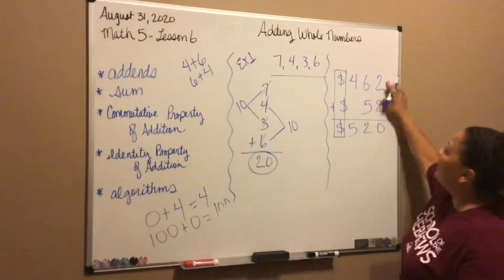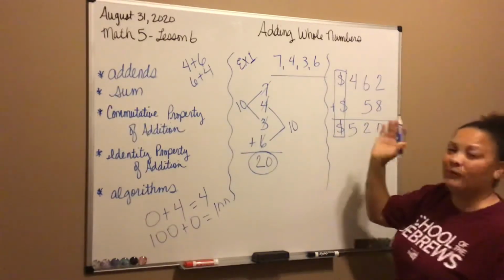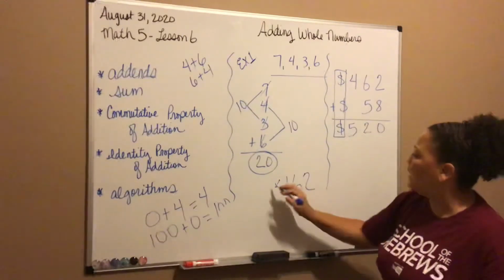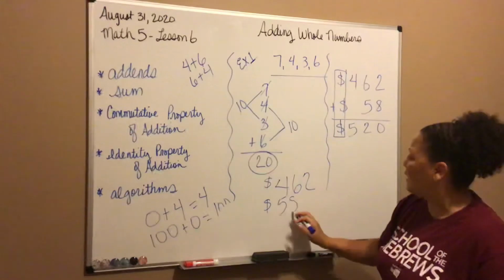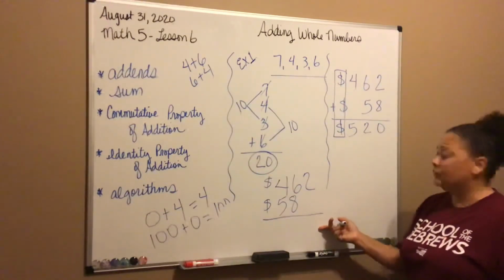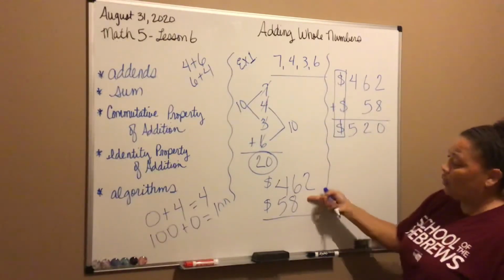You have to make sure that the ones, tens, you start from the back going forward, because what would happen if we had $462 and then we added $58? Will we come out with the same answer? No, because we're missing a ones place.